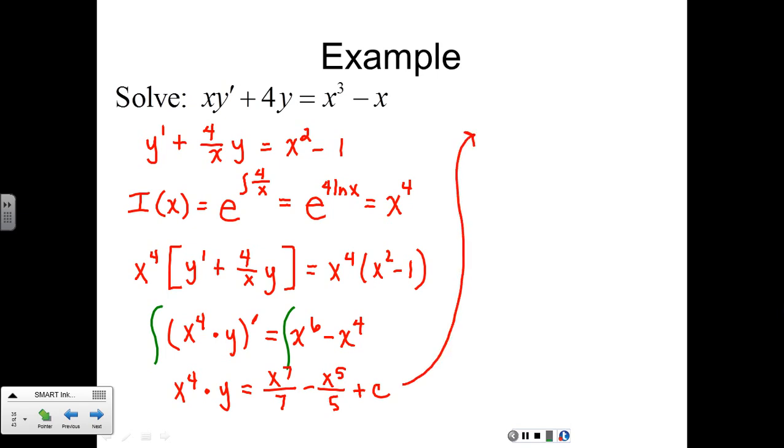Who can give me the answer? Divide through by x to the 4th, right? So that's going to be 1/7 x to the what?